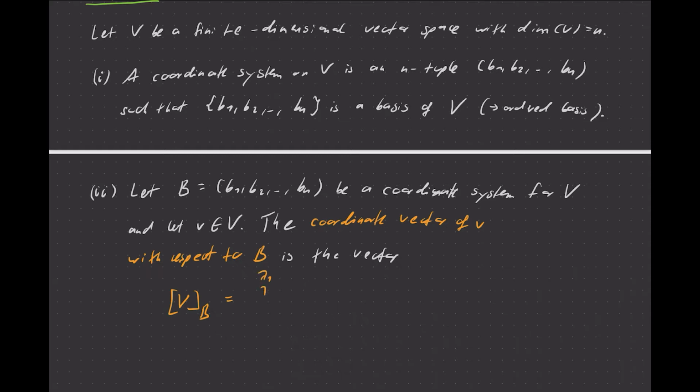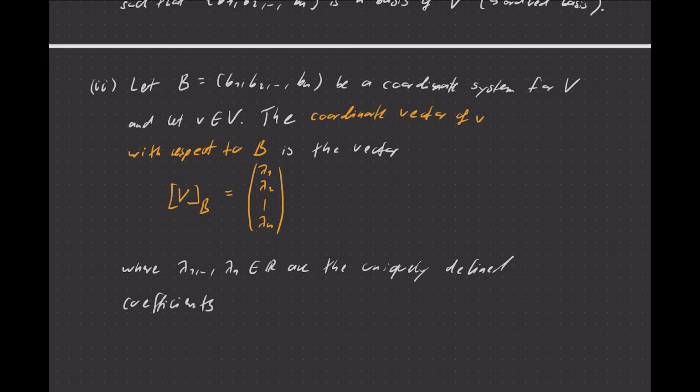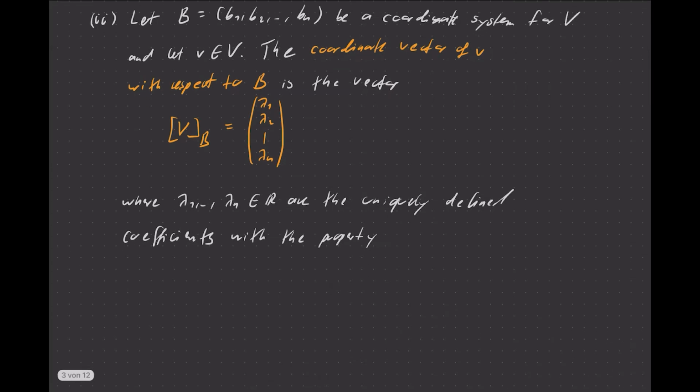That's a vector consisting of lambdas, n coefficients like this, where lambda 1 to lambda n in R are the uniquely defined coefficients with the property that v is a linear combination of those with respect to the basis vectors collected in B. So that's lambda 1 B1 plus lambda 2 B2 and so on up to lambda n Bn.